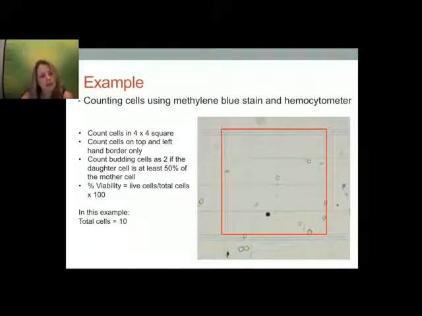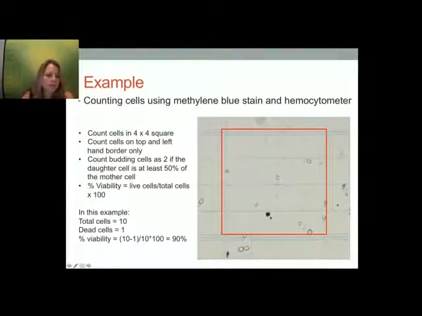So in this example, there are a total of 10 cells that you would count in this square. You have 1, 2, 3, 4, 5, 6, 7, 8, 9, 10. So that's counting the buds. In this square, you have 1 dead cell, this blue cell here.